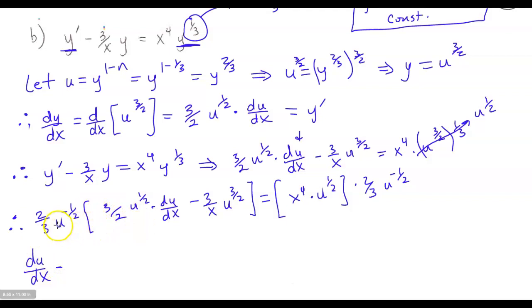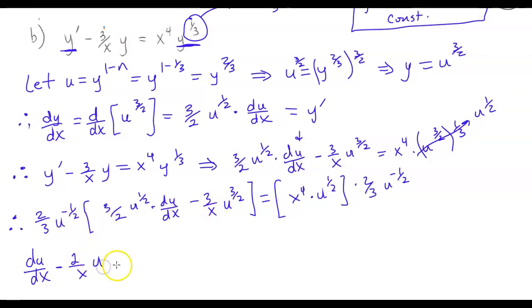For the second term, we have 2/3 times 3 over x, which is going to be the same as minus 2 over x. We also have u raised to the negative 1/2 times u raised to the positive 3/2, which is the same as u raised to the 2 halves, which is just u raised to the 1.